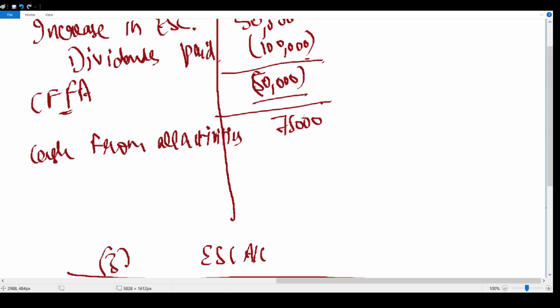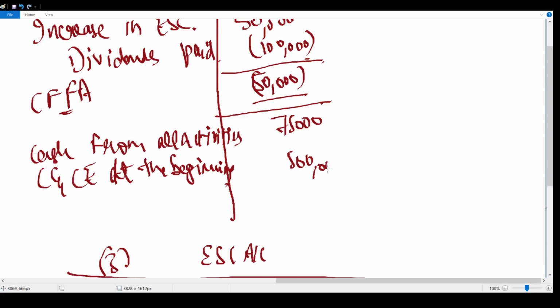And then last, cash and cash equivalents at the beginning, rupees 5 lakh. Here the answer is matched. 5 lakh 75,000 cash at the end of the year. Okay. The first question is solved.